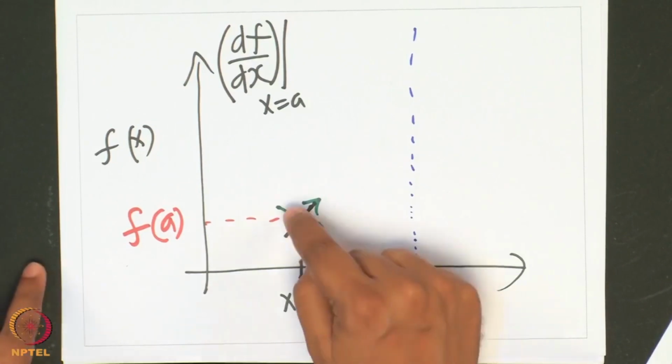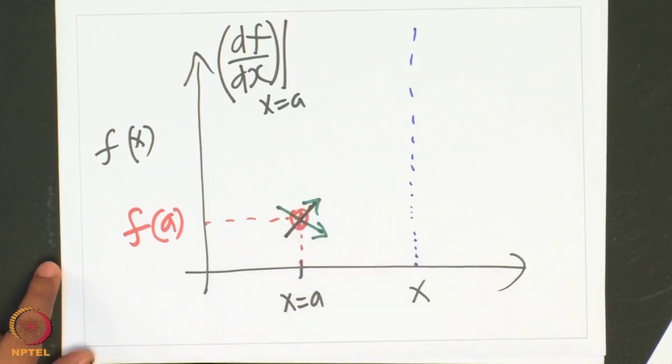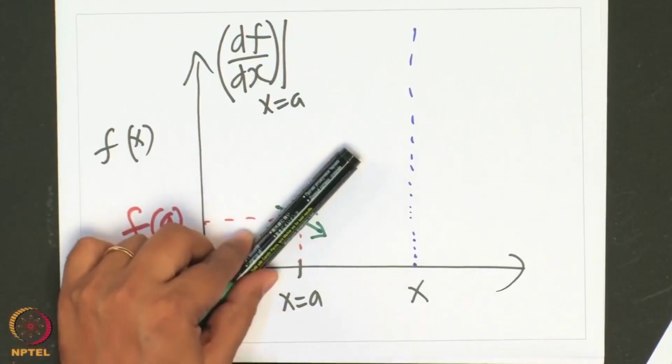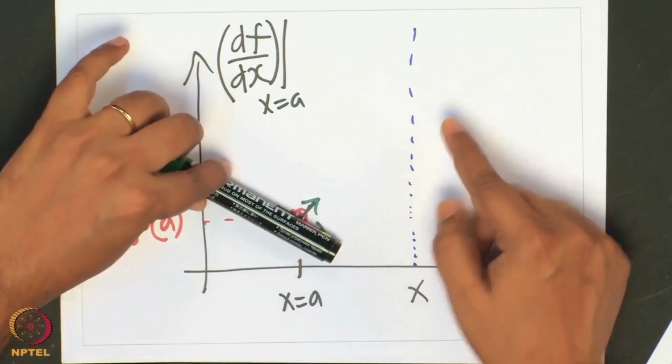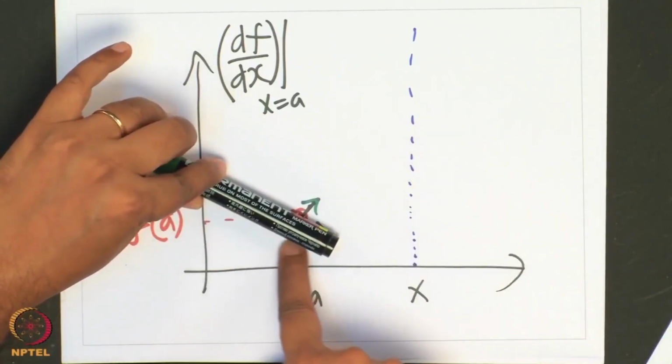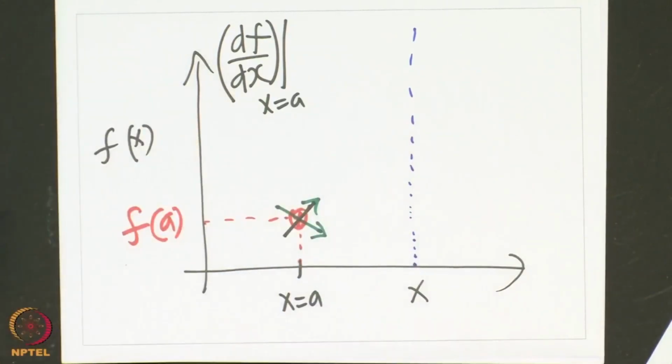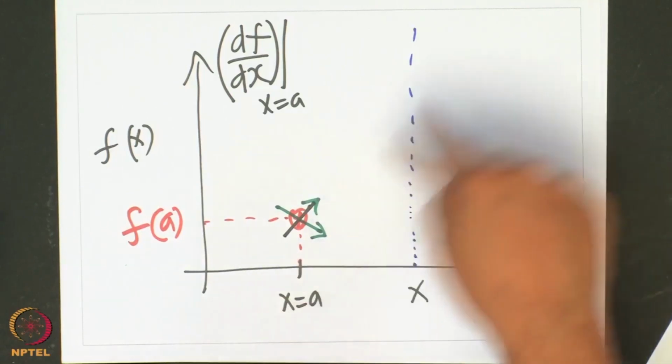Think about it. I know the function at this point, and I also know the slope. If the slope is like this, the function is going to go like this. If the slope is like this, at least locally it is going to go like this. But it's not enough to know the slope. You have to know the second derivative, whether it is curving, and the third derivative and all the derivatives at this point.